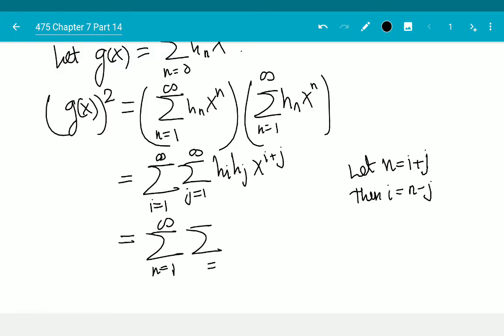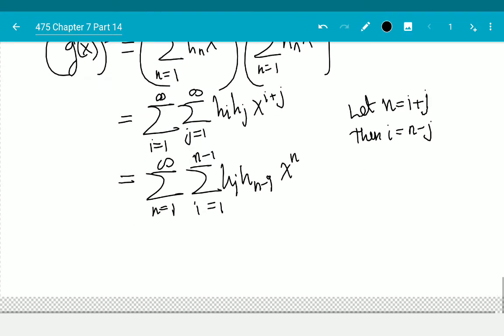Since the minimum value of j is 1, and minimum value of i is 1, i goes from 1 to n minus 1, summation h of i h of n minus i x to the n.